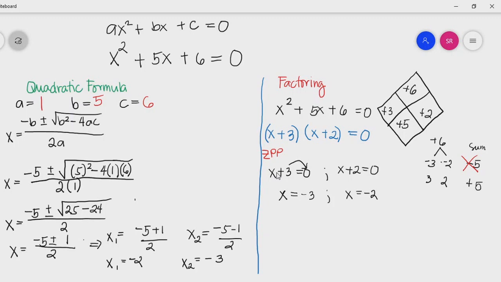And with the quadratic formula, you have a formula to use, but the process is longer. So my suggestion is, if you have a lot of time, for example in your quiz or assignment, you can use the quadratic formula if the method to use is not indicated, if you're allowed to use any method. But if, for example in a quiz, you are in a hurry, you can use factoring because it is shorter.